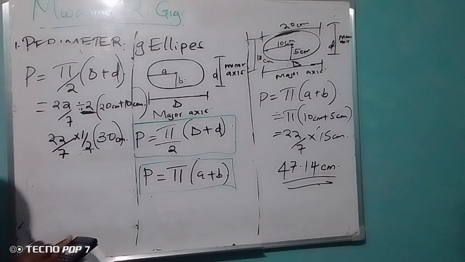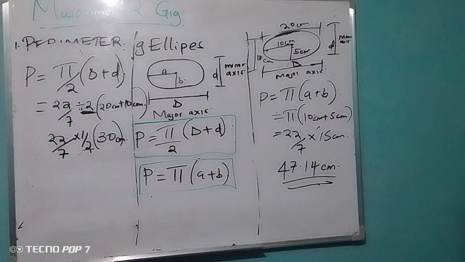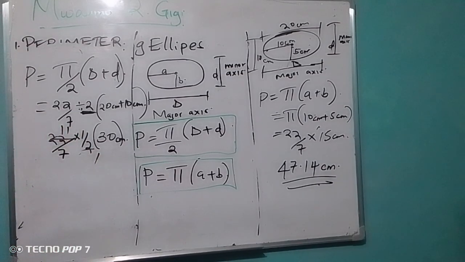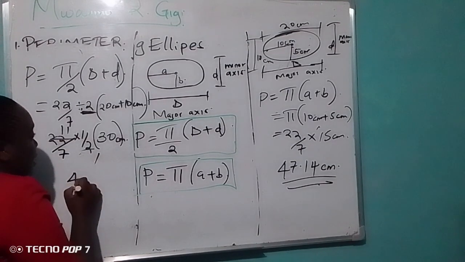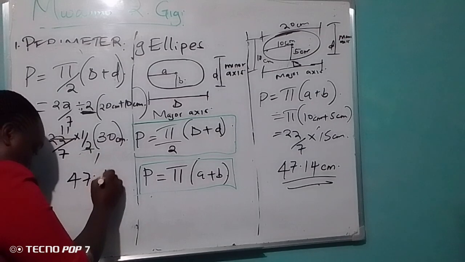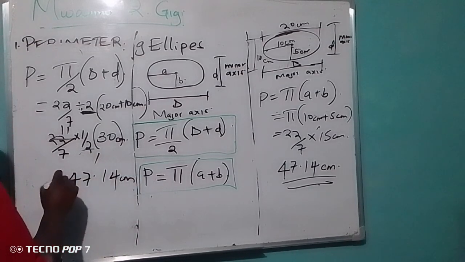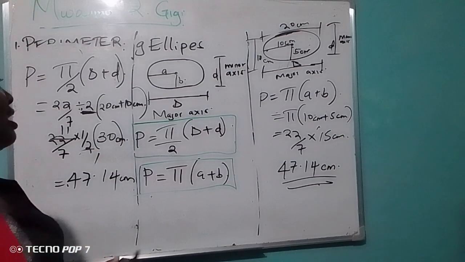Acha tuone, it's 22 over 7 times a half. It's 11 over 7. Si hapa tukicancel hapo inakuwa 11 divided by 7 times 30. It's 47.14 centimeters. So it's just the same. The formula is the same.